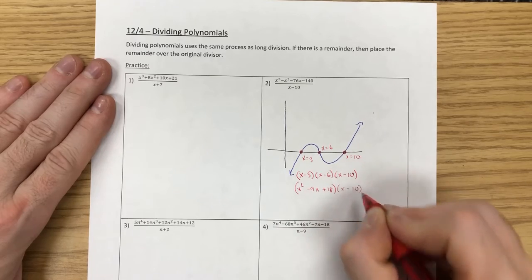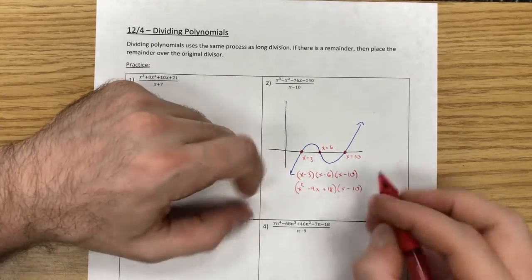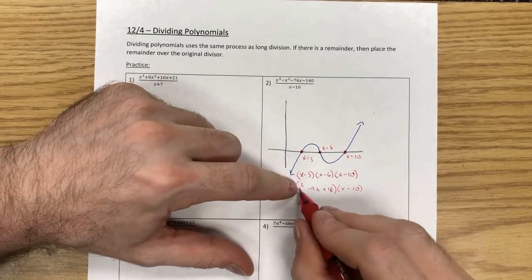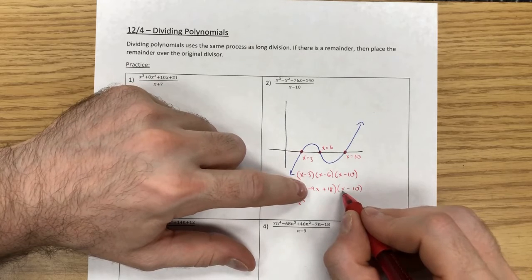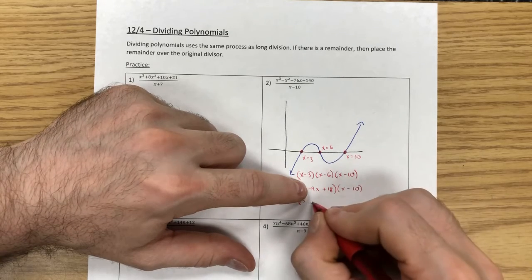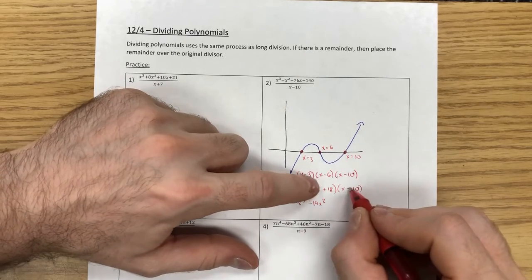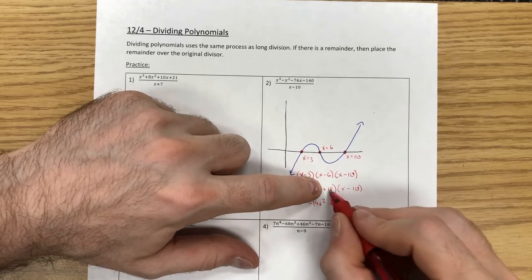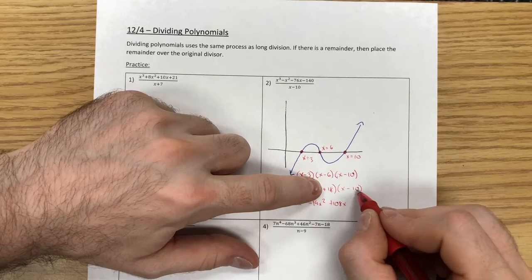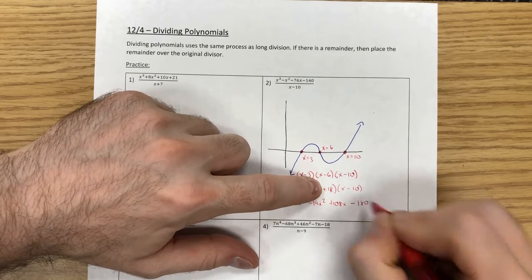And then if I took that x minus 10 and foiled that in there, that would give me an x cubed minus 10x squared minus 9x squared is minus 19x squared plus 90x plus 18x is going to be plus 108x. And then that's going to be a minus 180.